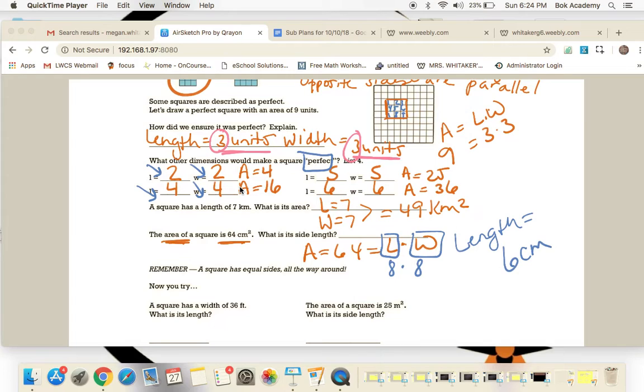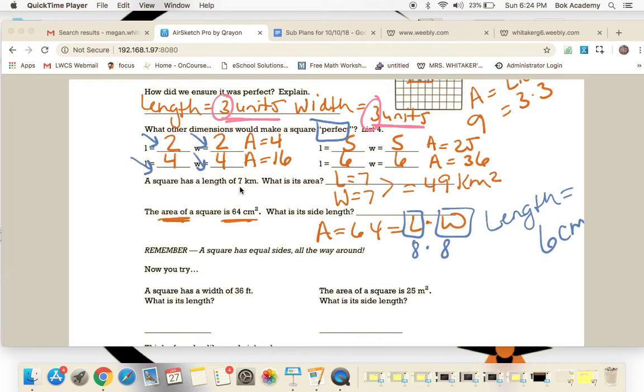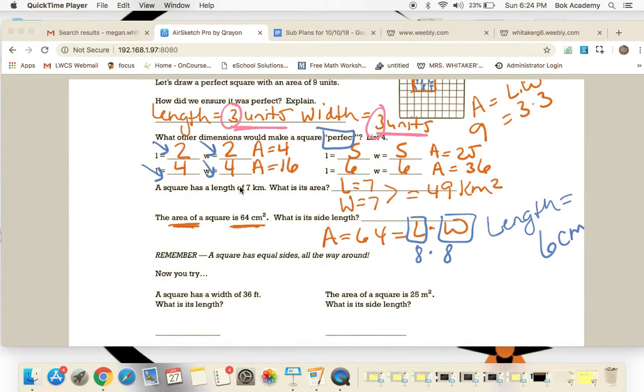Now you try it. A square has a width of 36. What is its length? Okay, so I'm going to draw my square out here. It has a width of 36. And so what does its length have to be? Well, remember we said a perfect square.